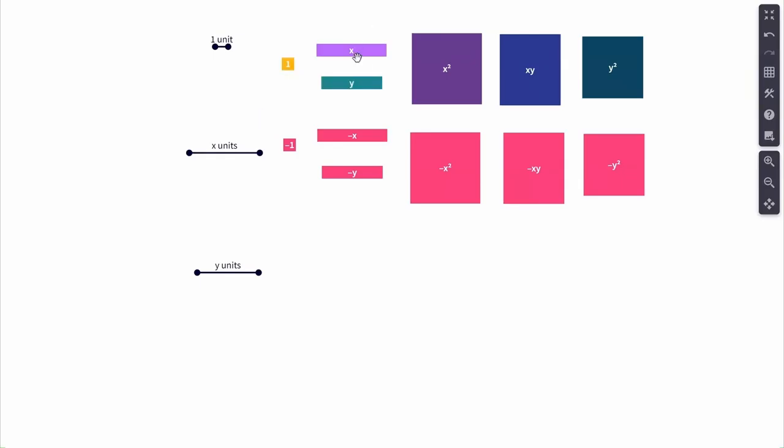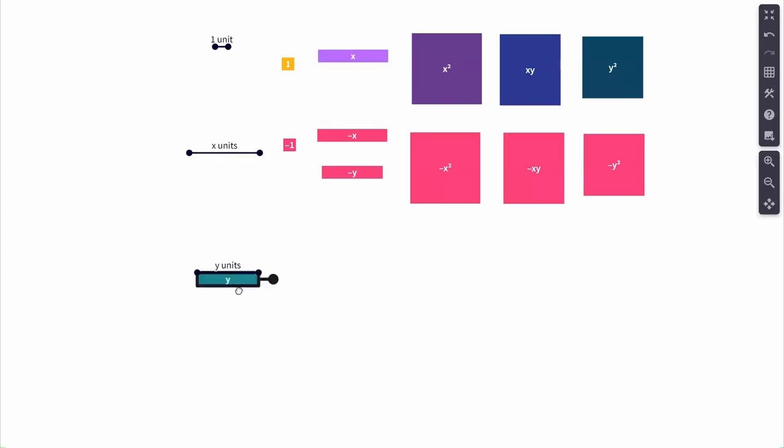Right next to it are two other tiles, the X and the Y. For the X, you might notice that it is X units long and 1 unit wide. So if I multiply the width of 1 times the length of X, I get 1 times X, or X.